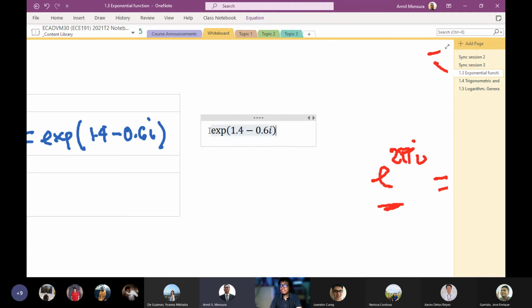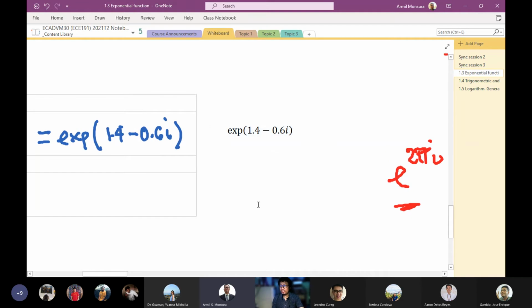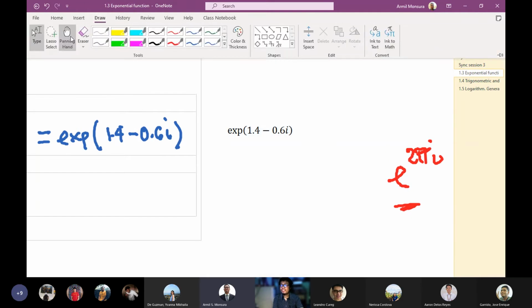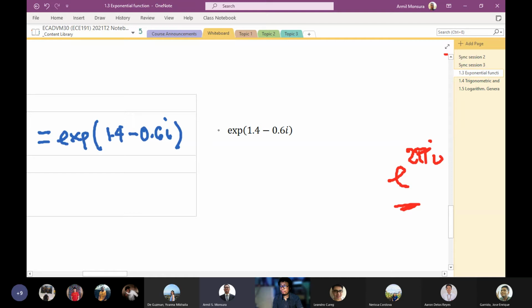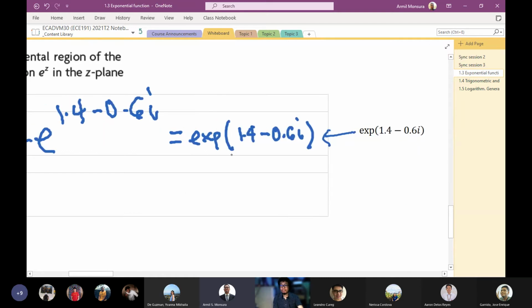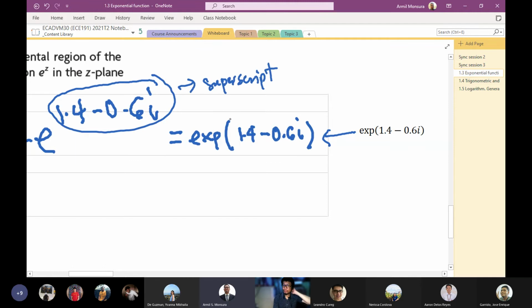Yan, so yan yung proper form, this is the proper form of this one. Kaya lang ganito ko lang kasi susulat. So here, this is an exponent, so this is a superscript. I hope you understand what superscript is. Pero in this case, this one is not now a superscript. Ganito na siya. Okay, is that clear?